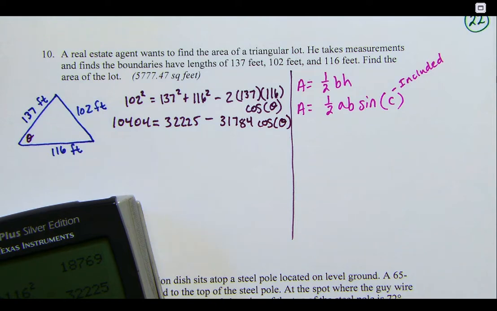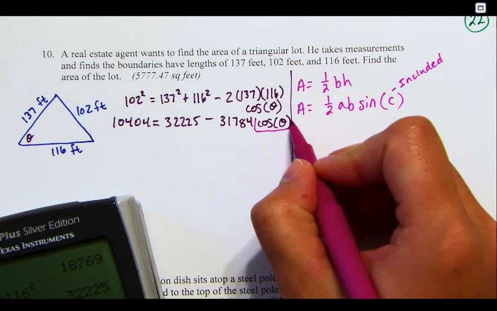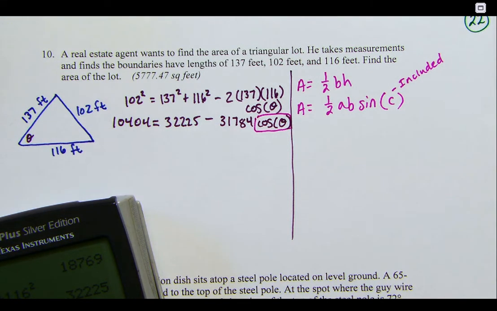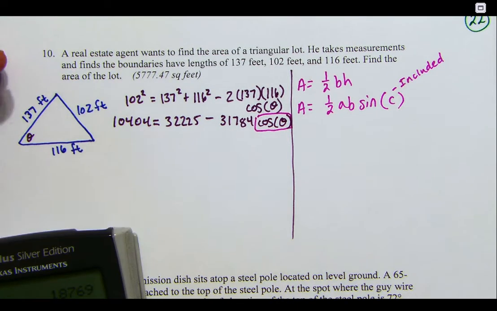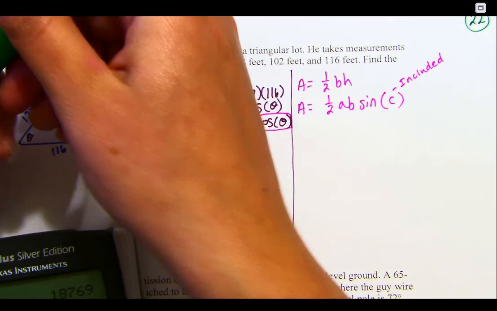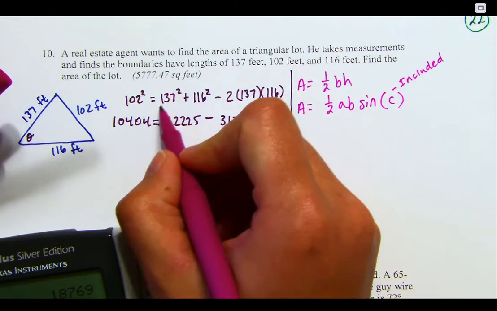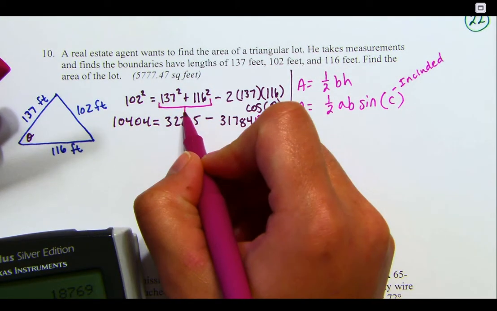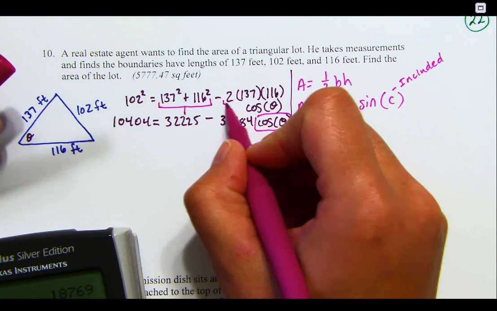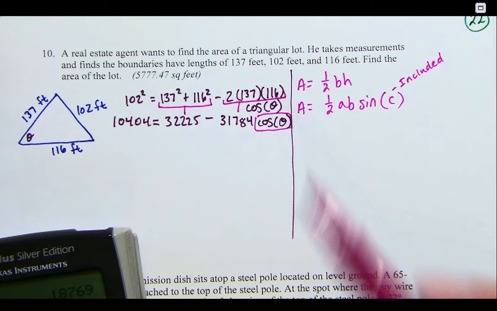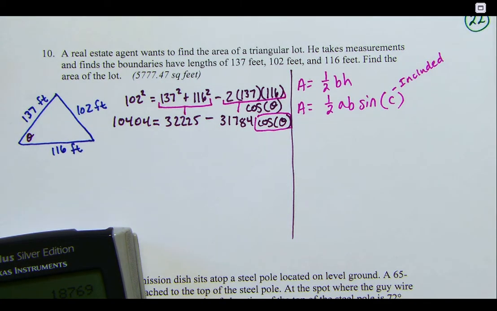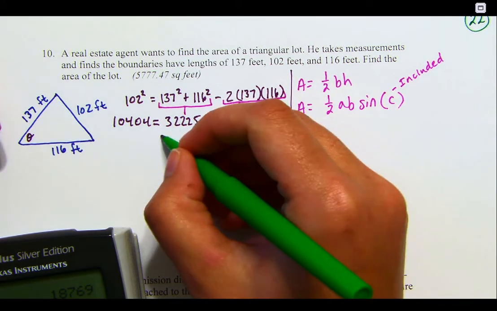Okay. Now again, our goal right now is we are trying to get this part alone. So the next thing I need to do is subtract this number over. And remember, to get that, I am combining these two things together to get this. And then we multiplied these three numbers to get this one. Okay. So next, I'm going to subtract this over.